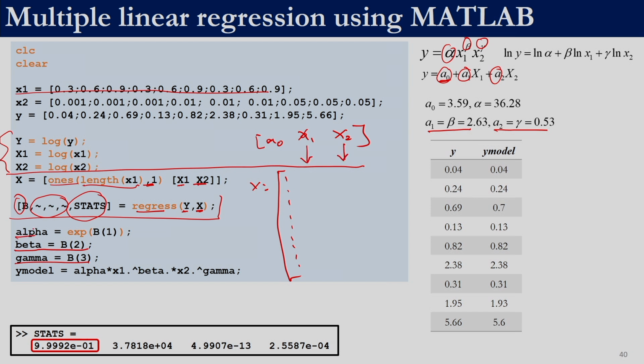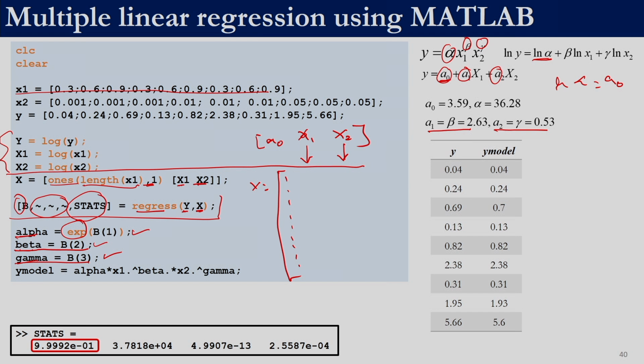So, alpha, if you have seen the previous slide, ln alpha is actually a naught. So, now we have a naught, we want alpha, so we take the exponential of that. That can be done using the exp function of MATLAB. So, now we have alpha, beta and gamma. We have got the parameters which we had set out to find.